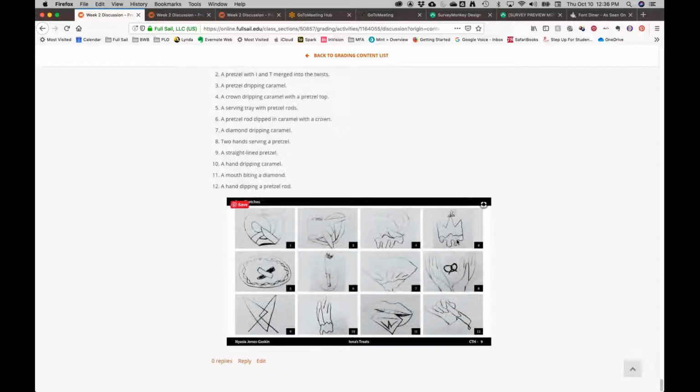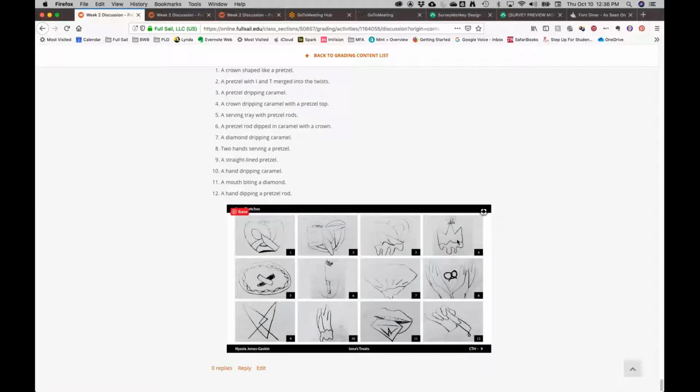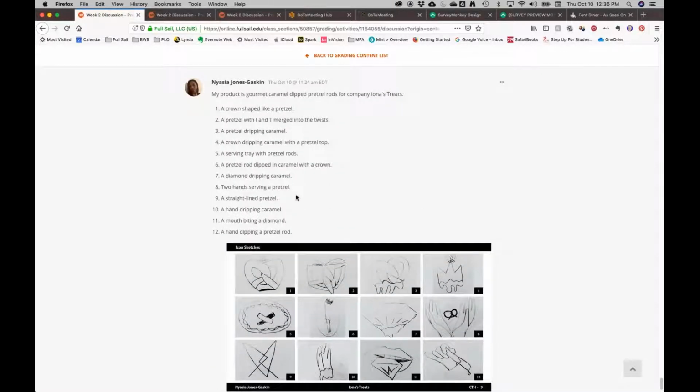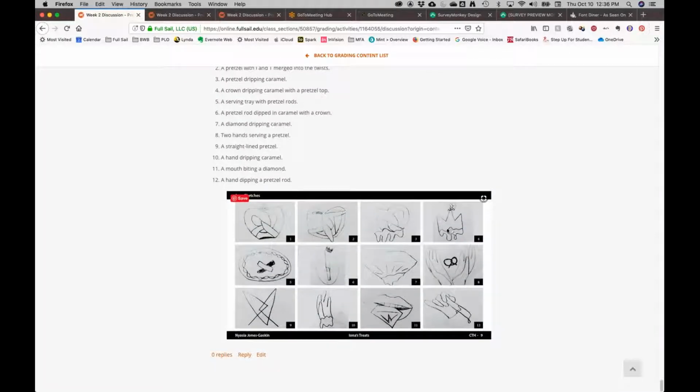The crown, number 4, that's good. But ditch the pretzel. This twisted pretzel is not what your product's like, so it throws me off. The crown dipped in caramel, I like that. The hands and the floating mysterious icon, which will be pretzel rods, not a twisted pretzel.